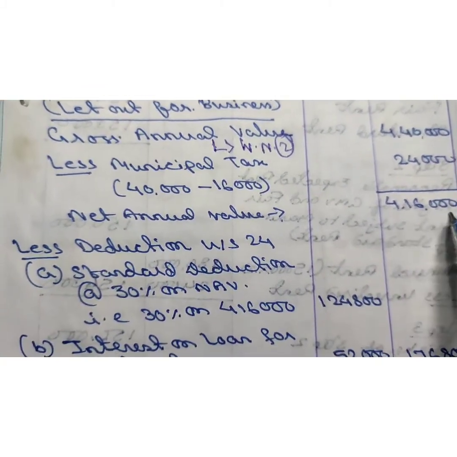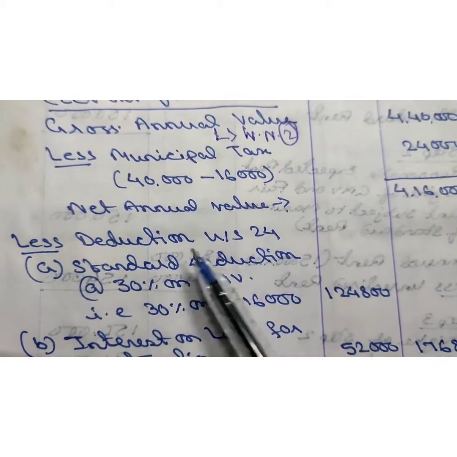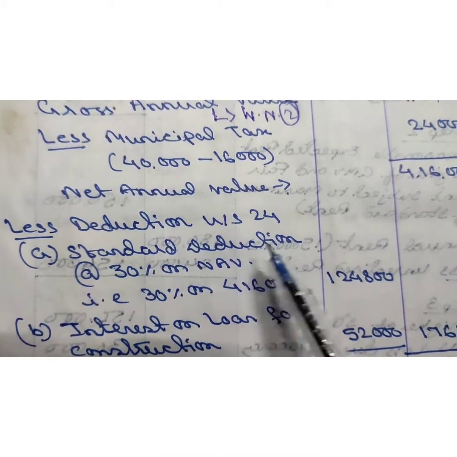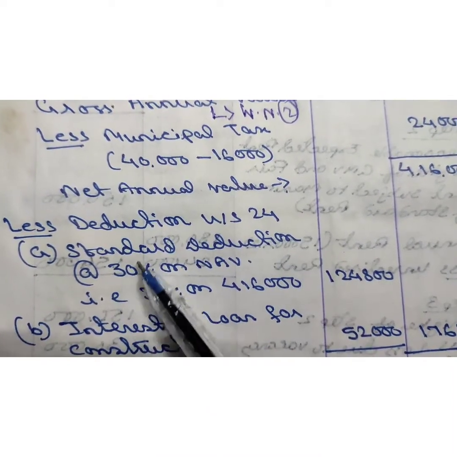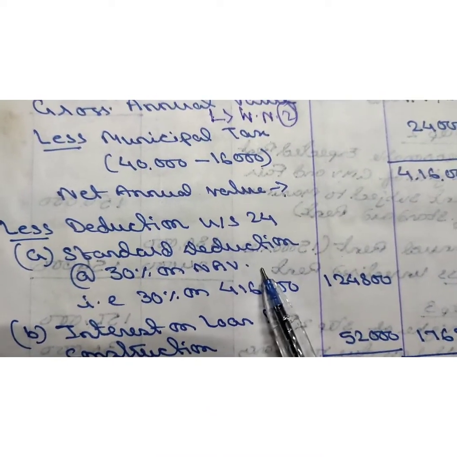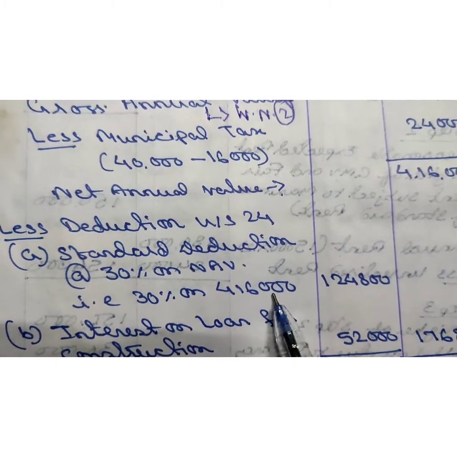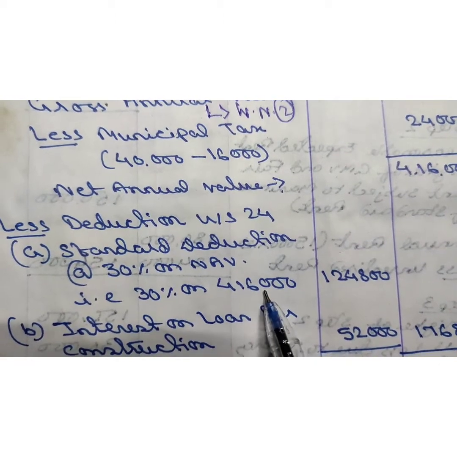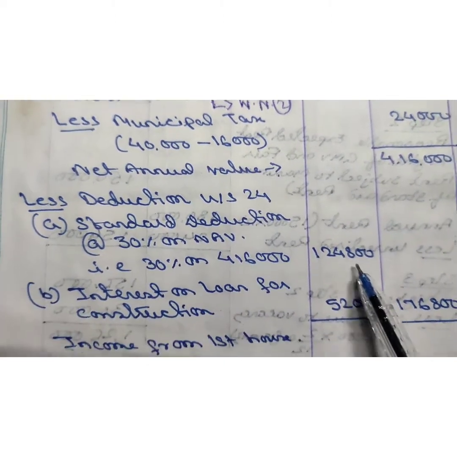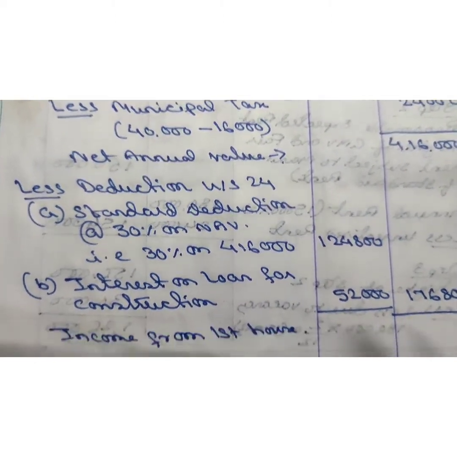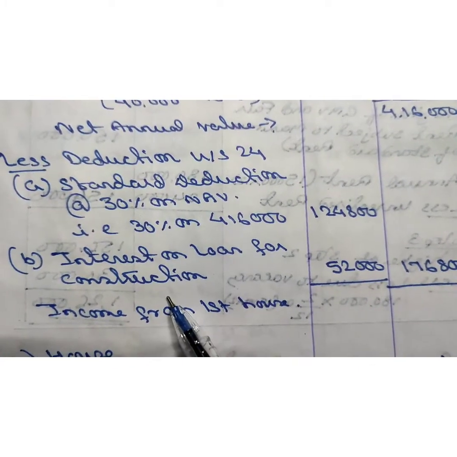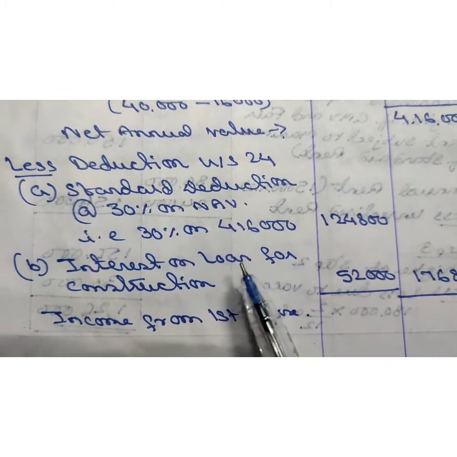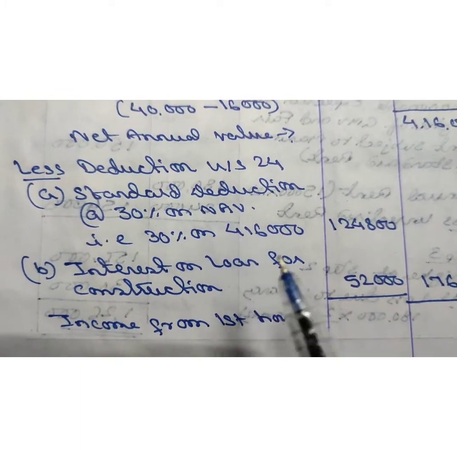From net annual value, there are two deductions. Deduction under section 24, clause A: there is a standard deduction at the rate of 30% of net annual value. Here net annual value is 4,16,000. So 30% of 4,16,000 is 1,24,800. And interest on loan for construction. We know there is no maximum limit for a let out house.